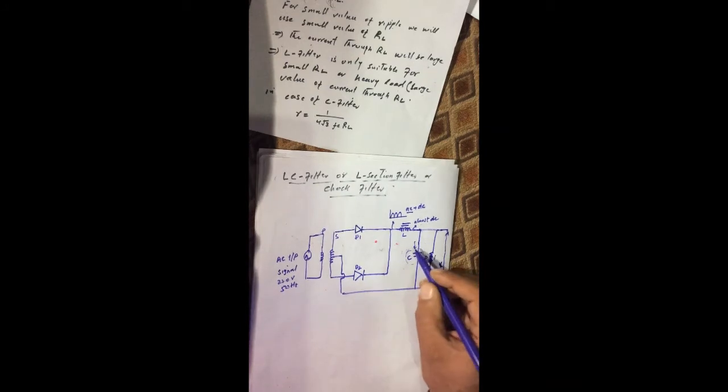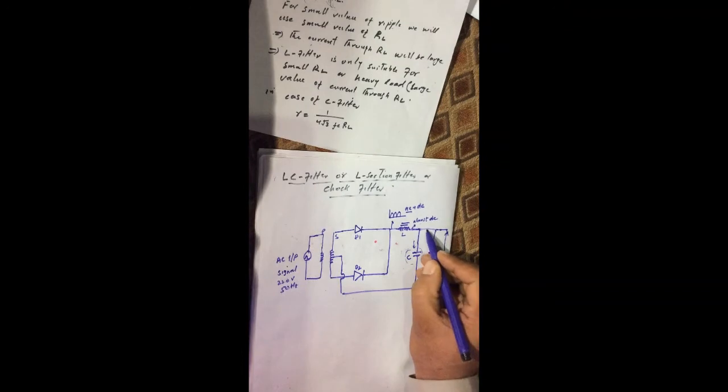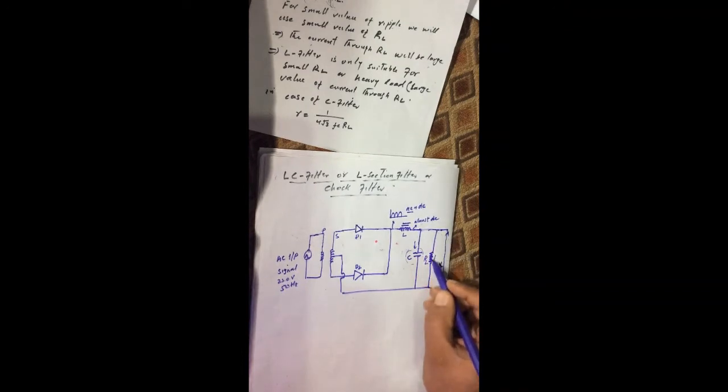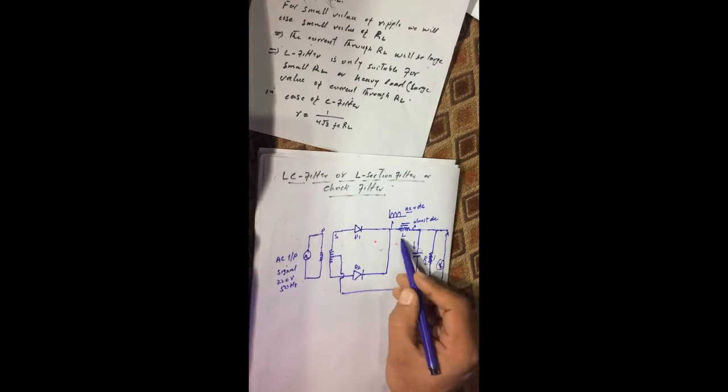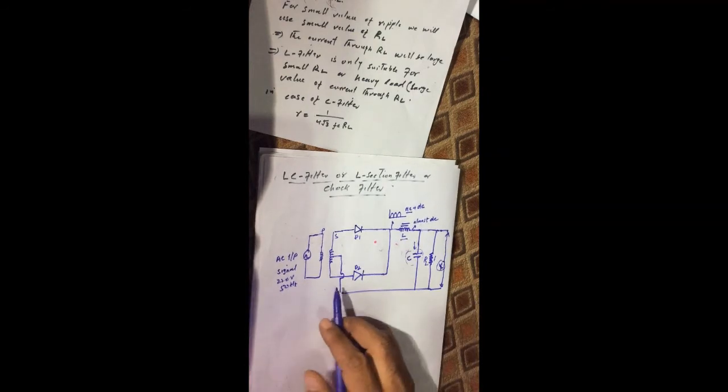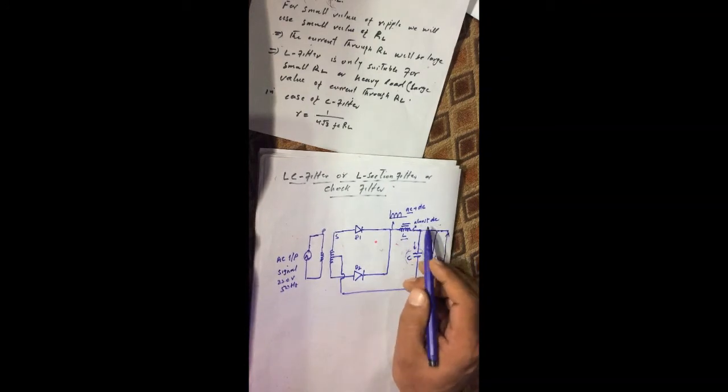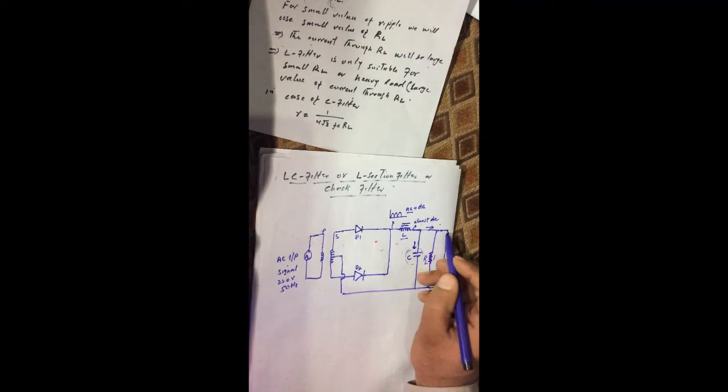So after passing that variation through the capacitor, on this load resistance we have an almost constant DC current appear. So here we have the voltage and the load resistance. The inductor blocks the AC and allows the DC. There is some variation in the DC, so that variation will pass through this capacitor. So here we have purely DC current appearing.